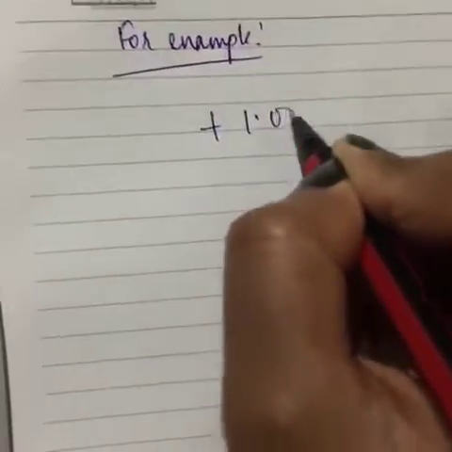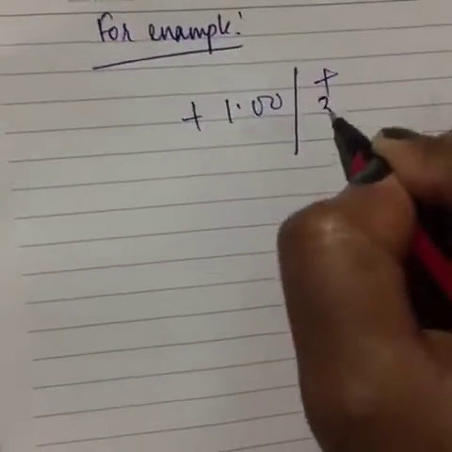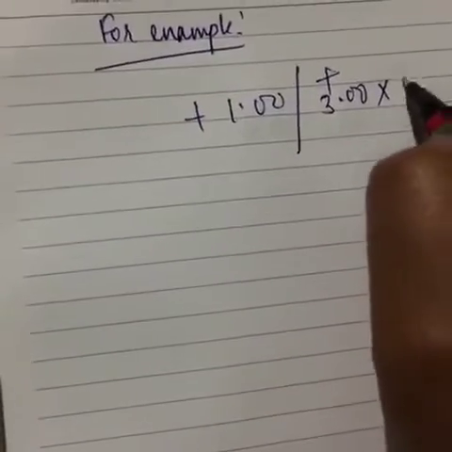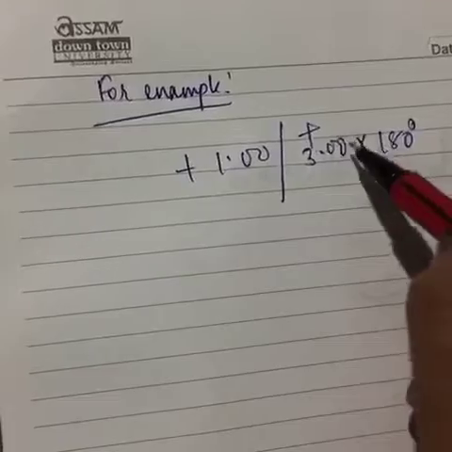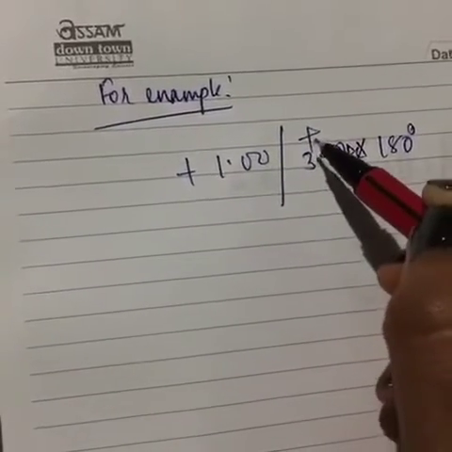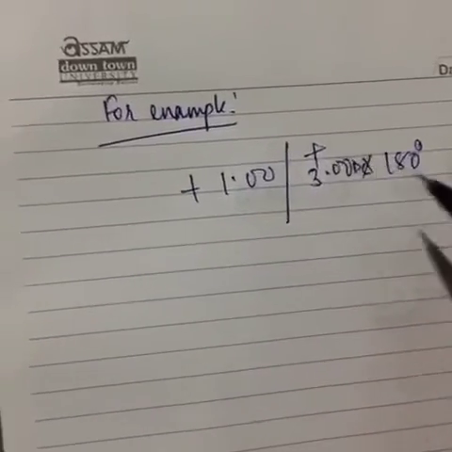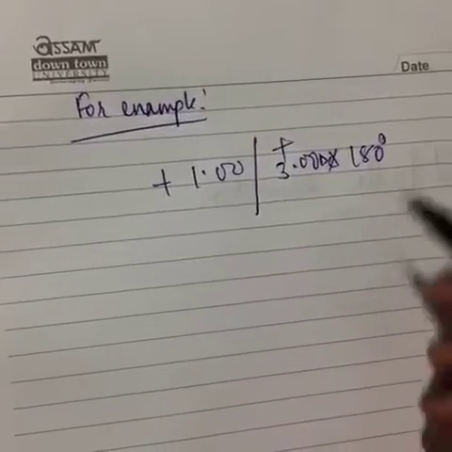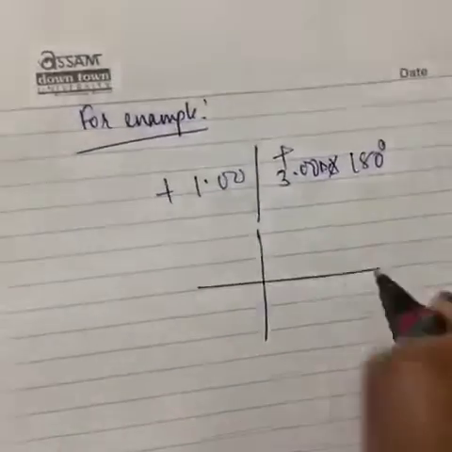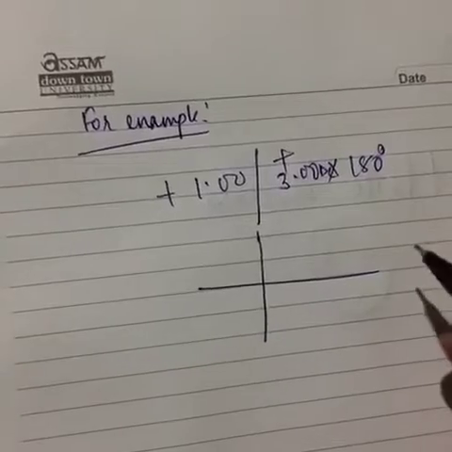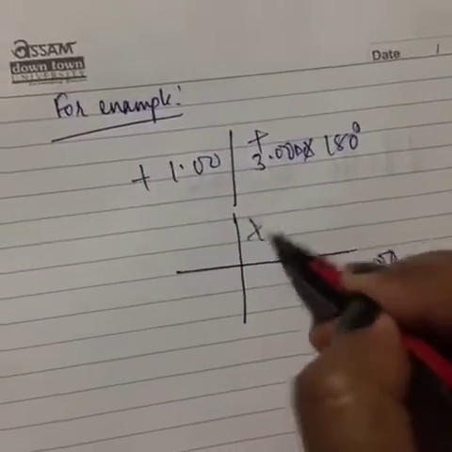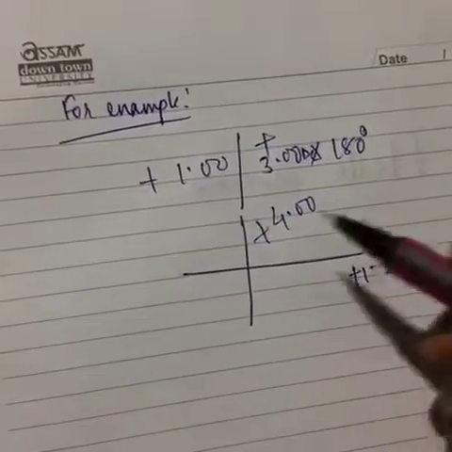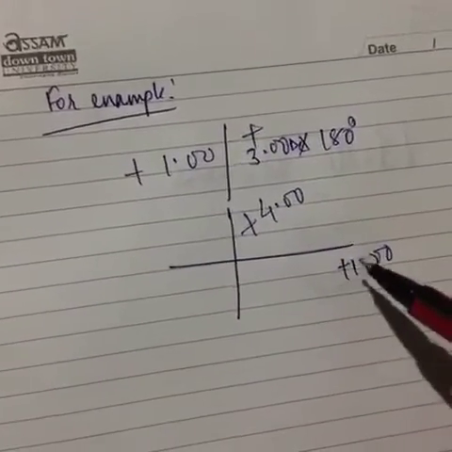Alright? Same example, if you change the sign. It was minus 3 diopter cylindrical before, now I have changed the sign into plus. So let's see what happens. If you put it in an optical cross again, this one will be plus 1 and you add it, so it will be plus 4 diopters in the vertical meridian, plus 1 diopter in the horizontal meridian.